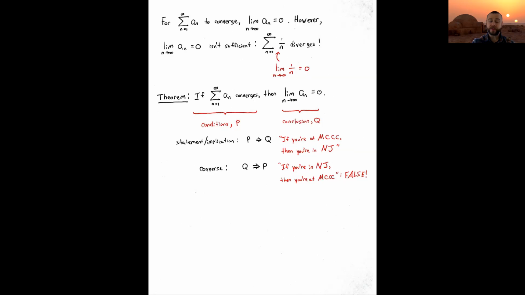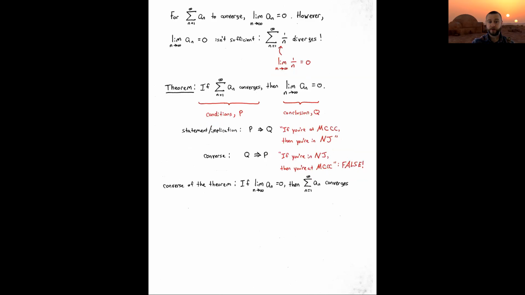All right, and if we take a look at the theorem above, the theorem being if the infinite series converges, then the limit of the term is 0, let's take a look at the converse of that. The converse of that theorem would say if the limit of the term equals 0, then the infinite series converges. Now keep in mind the harmonic series, that would be what's called in mathematics a counterexample to this converse.